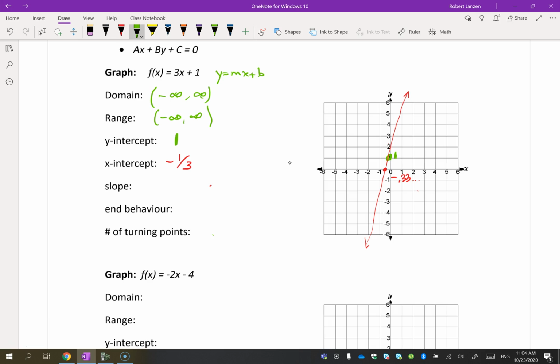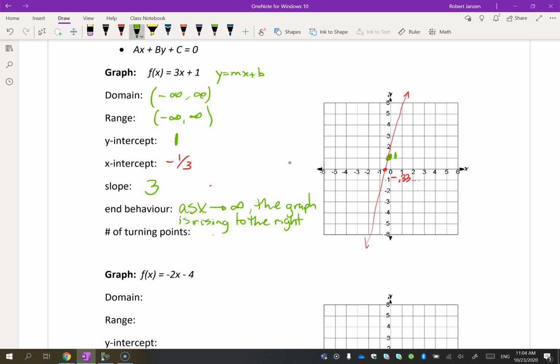Okay, what's the slope? The slope is the number in front of the x, so that's 3. What's the end behavior? All right, what's happening as x approaches infinity? We can say the graph is rising.